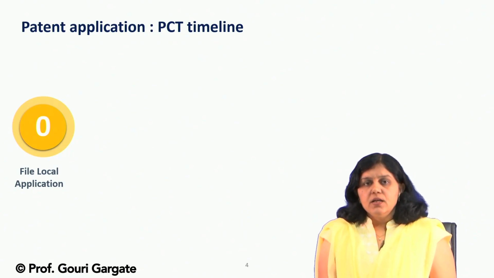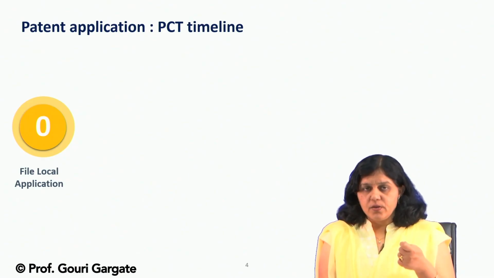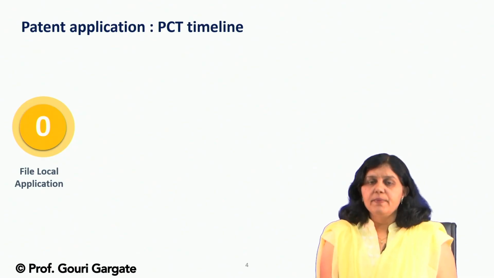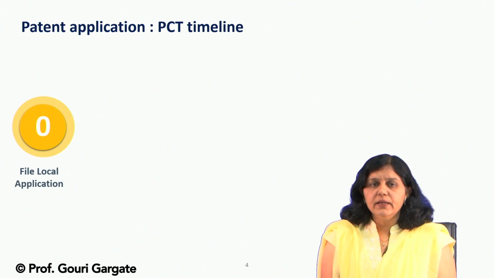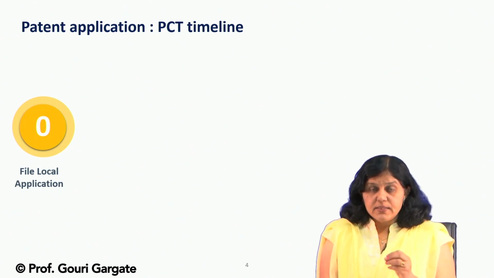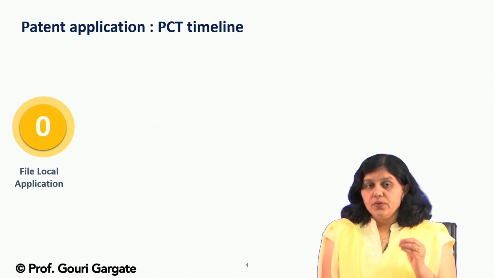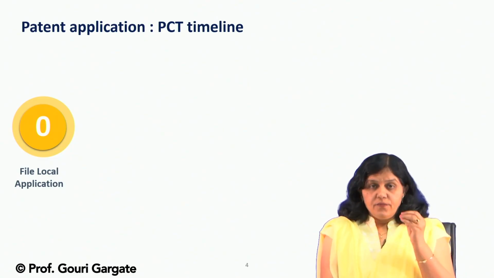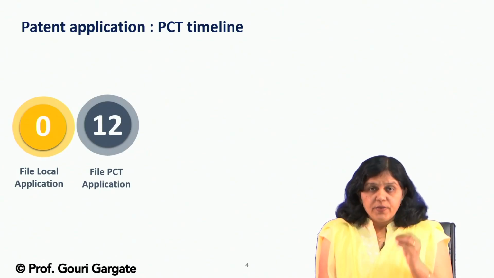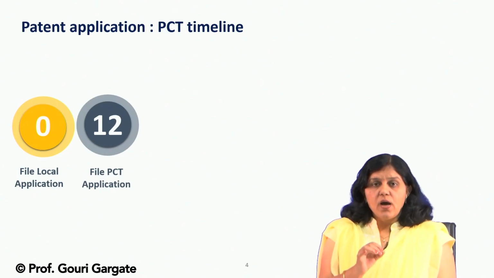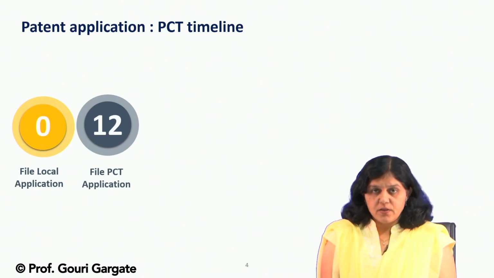Okay. So, let us check the timeline. Suppose you have filed your patent application, either provisional or complete. Then what is the timeline? For PCT you have to note there are only 12 months in your hand. Within that 12 months you have to file the PCT application.